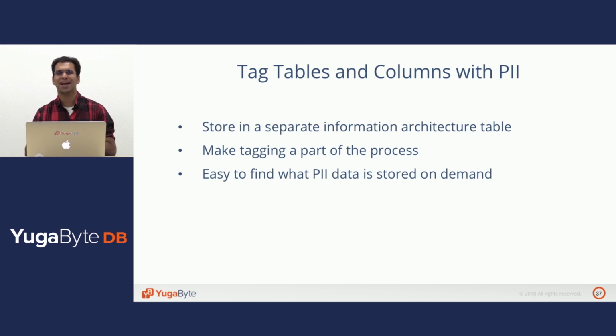So store this tagged information in a separate information architecture table, and make tagging a part of the development process. If a new feature is being developed, one of the key questions before it goes into production is for people to look at and tag data as PII or not PII. That way, it is very easy to locate which pieces of data are PII, where they're being stored, and what they're being used for.